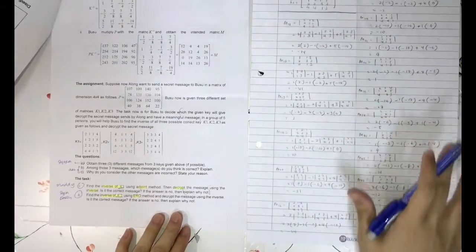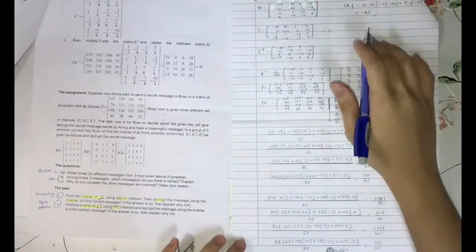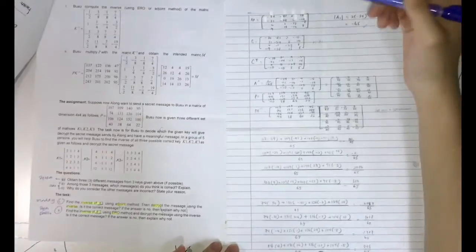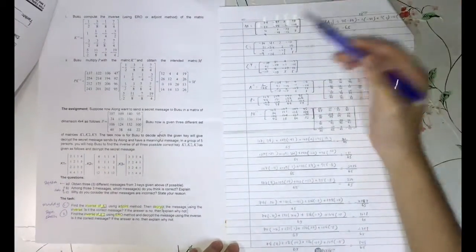Okay, so for the others it's just the same method. Then we are able to find the minor of these matrices, and then we will proceed on with the cofactor. So how do we do this cofactor?